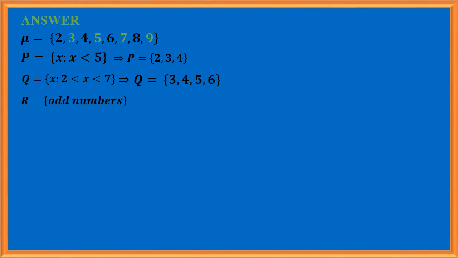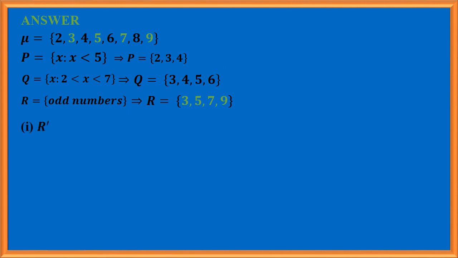There's no range, but since they said odd numbers, we are going to look at odd numbers within the range of the universal set. So this will give us set R to be equal to 3, 5, 7, and then 9. We could have continued, but we'll stop at 9 since the universal set will be our reference.